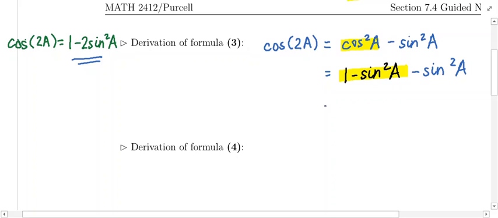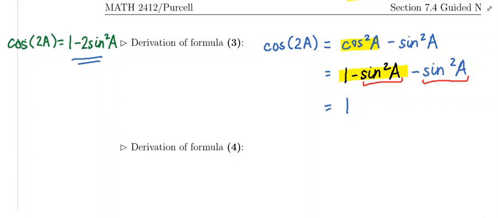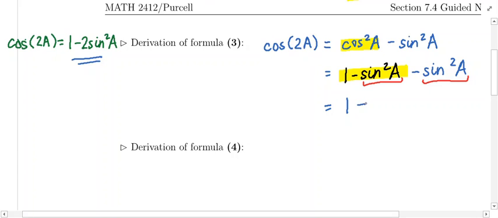All right, so this 1, I'm just going to leave it there. But then I have minus sine squared A and another minus sine squared A. I can combine these: you're just going to add the numbers in front, -1, -1, so you're going to have -2 of them.